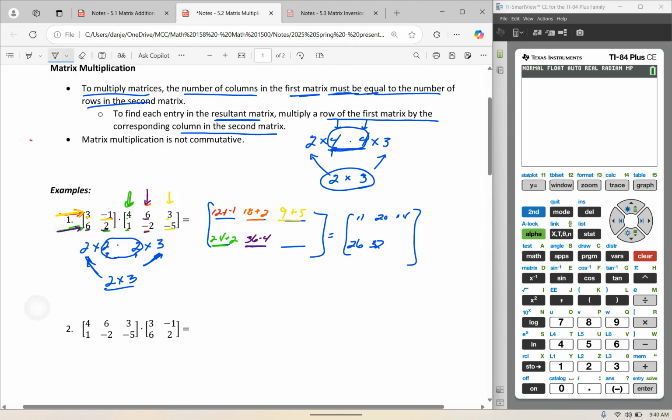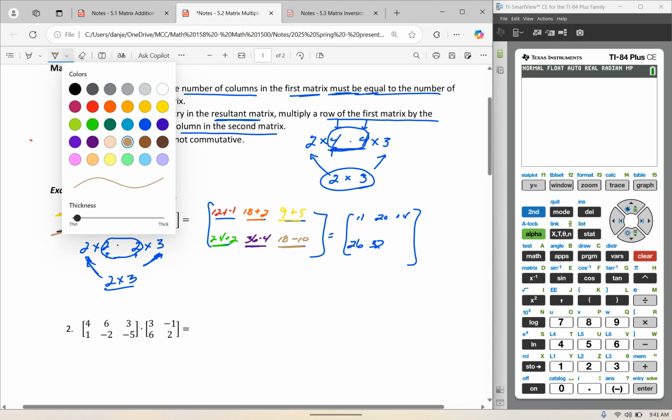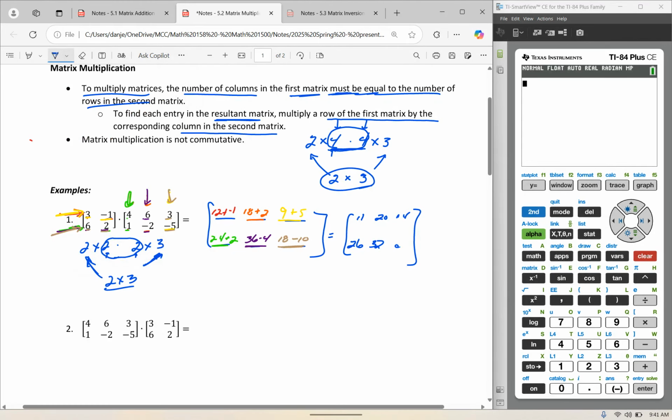Finally, for our last term, that's in the second row, third column, I'm going to multiply the second row of the first times the third column of the second matrix. 6 times 3 is 18. 2 times negative 5 is negative 10. And so that result is 8. And then this is the result of multiplying those matrices.